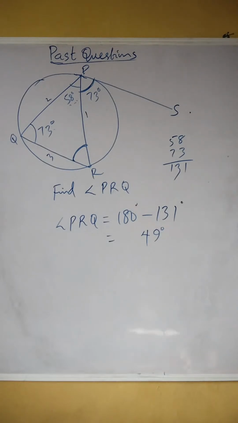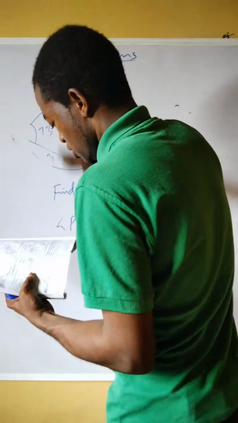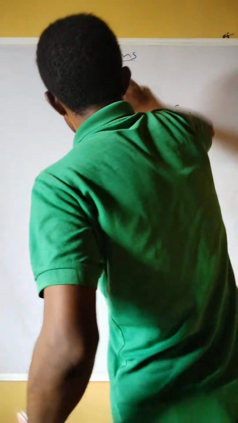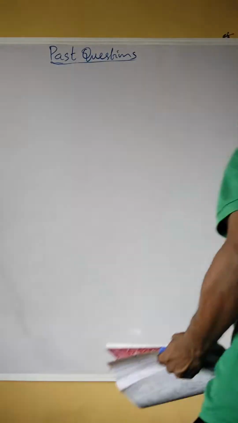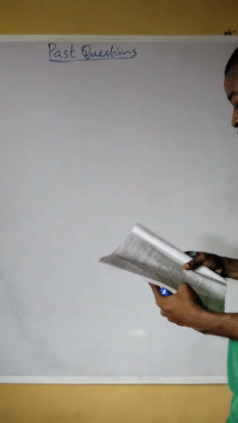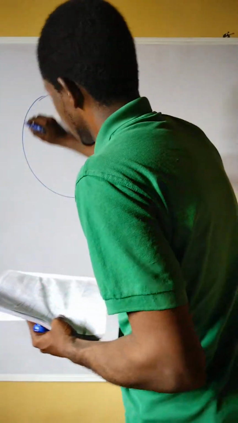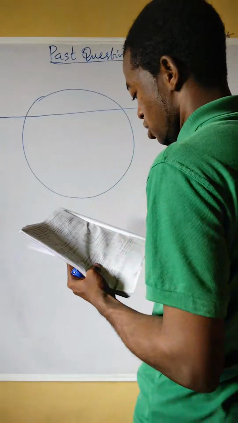So before we round up, finally, let's look at this last question here, still on circles. So we have this circle here, and a line is drawn this way.